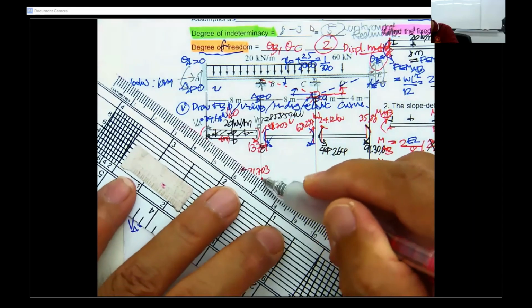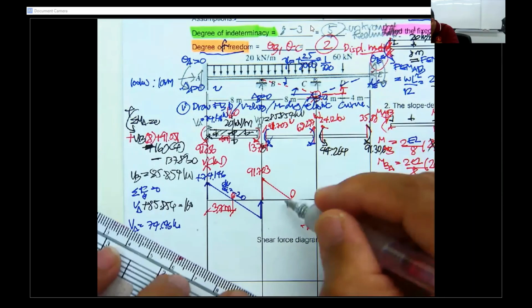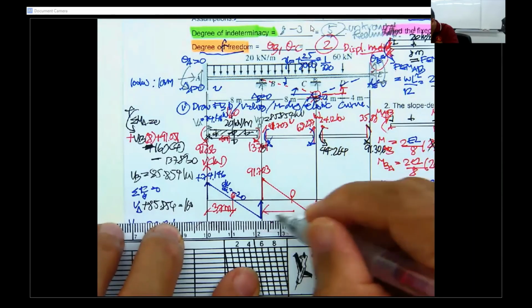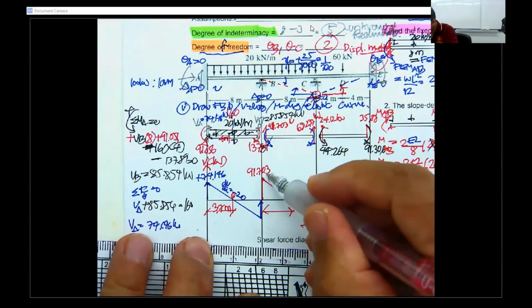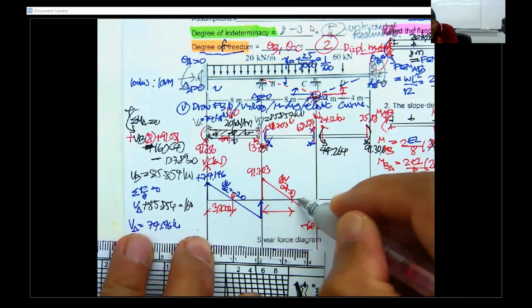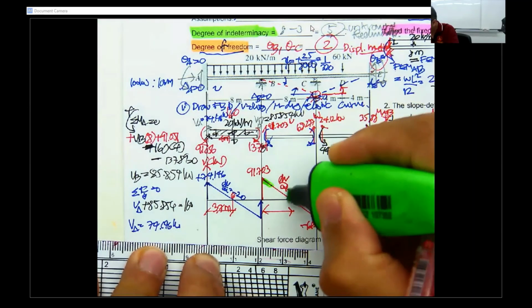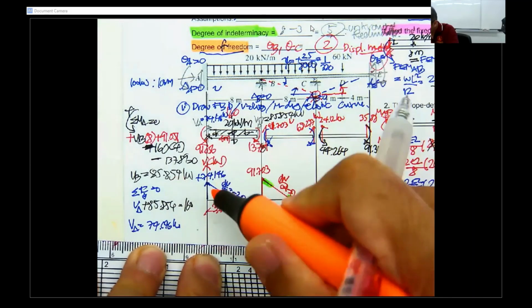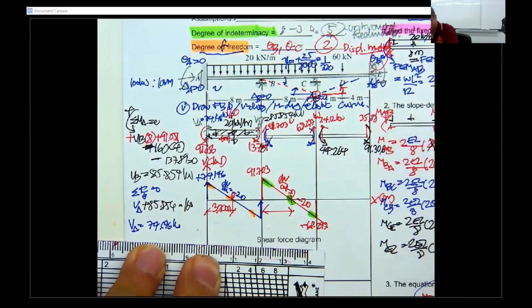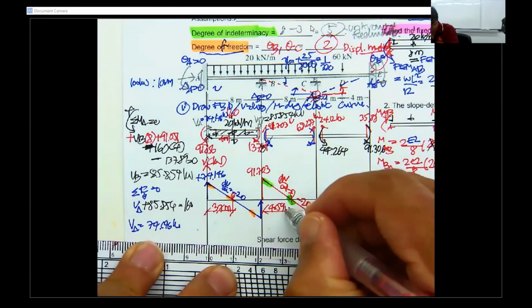And then you get this, and this is the point of zero shear. You get this one by dividing 91.703 by the slope, dV by dx equal to minus 20. And you get 4.59 meters.